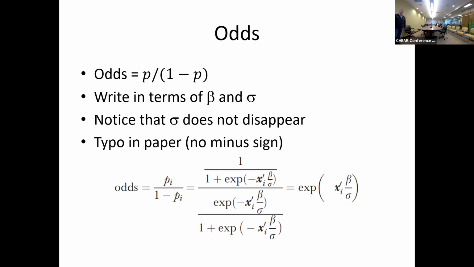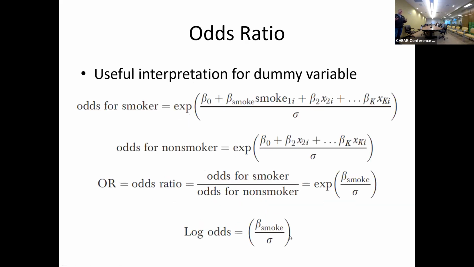All right, next. We can also show a particular example about odds ratios. Again, let's do this for smokers versus non-smokers. Odds for a smoker are the expression from the previous page where we have a dummy for smoking versus non-smoking and other stuff. Odds for a non-smoker are similar, except they're a non-smoker, so this term falls out.